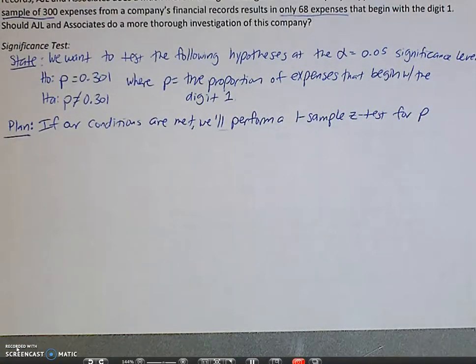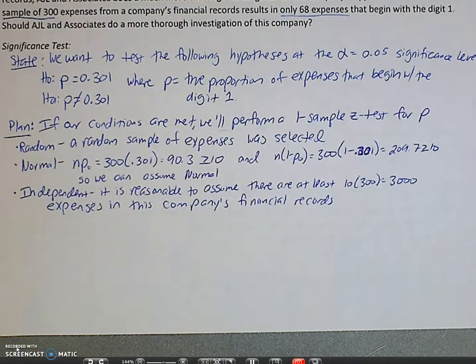I'm going to pause this and write them out so I have enough time in the video. You go ahead and try to do it first before you see how it's all worked out. We have a random sample of expenses. Both our n times our claim and n times 1 minus our claim are greater than or equal to 10, so we can assume it's normal. And we check the 10% condition for independence, which means we'll be allowed to calculate our standard deviation here in a moment.